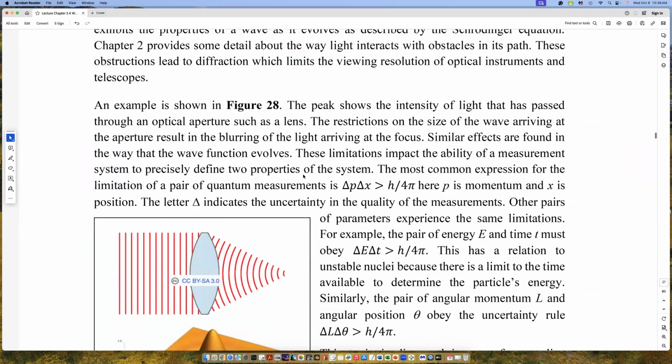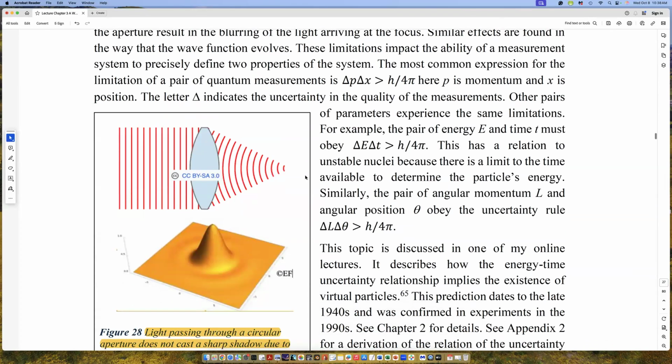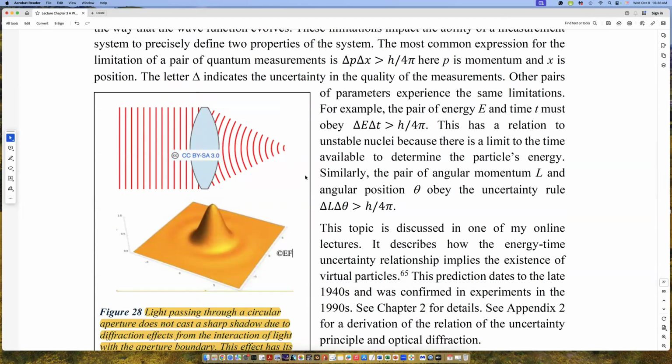And let me tell you of an example that all the scientists that I've discussed knew about, and it has to do with how light travels through lenses or reflects from mirrors acting as focusing elements.